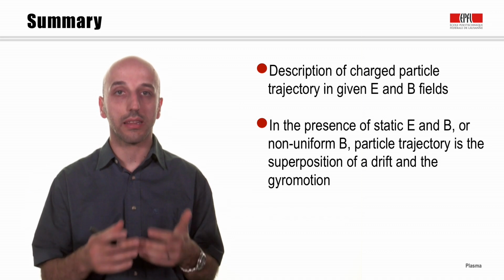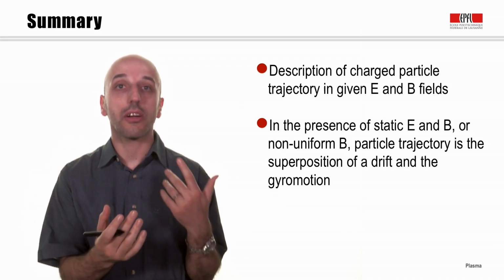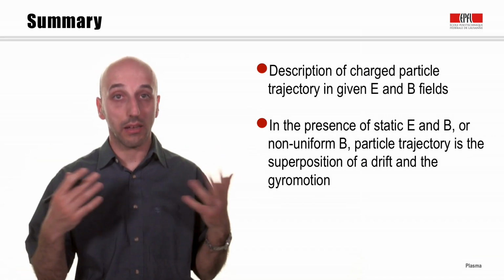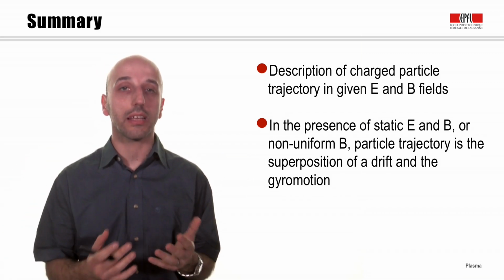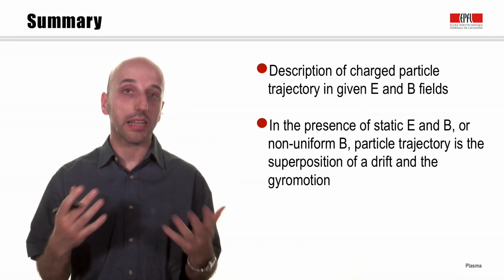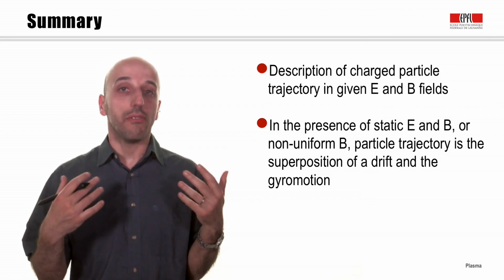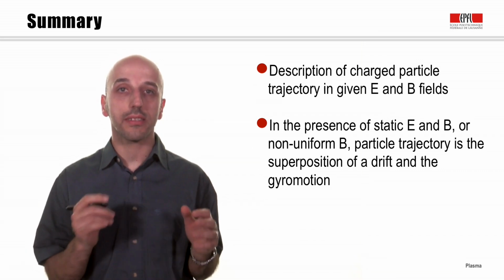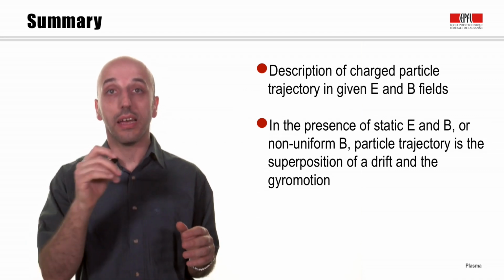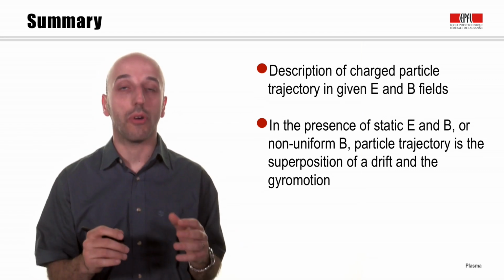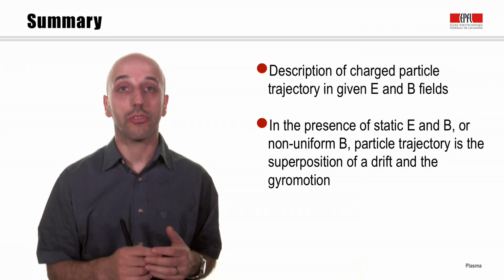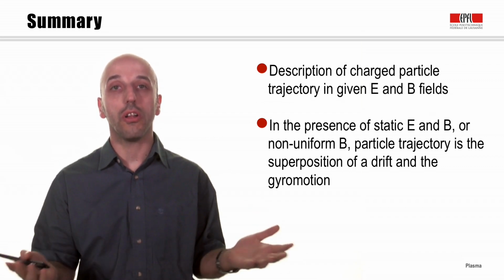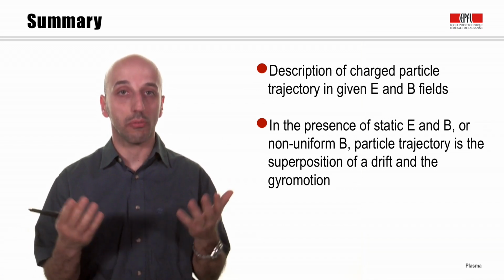First of all, we have looked at what happens when there is a constant and uniform electric and magnetic field, and then we have looked at what the particle trajectory is when the magnetic field is non-uniform. We have pointed out that in all cases the particle trajectory can be described as the superposition of a guiding center drift motion plus a gyro motion. And we have given the expression of this drift motion in all the relevant cases that we have analyzed.